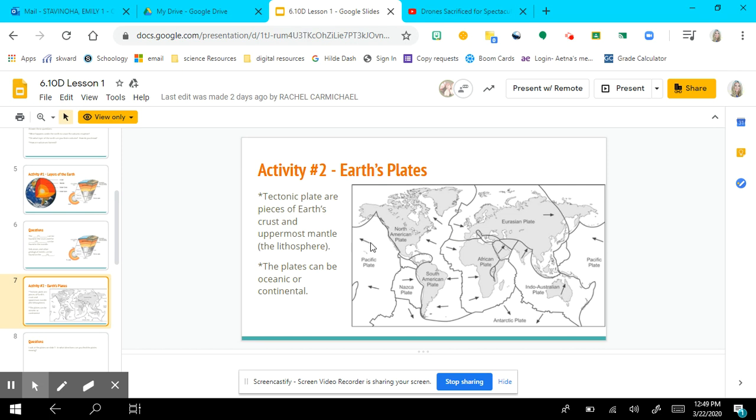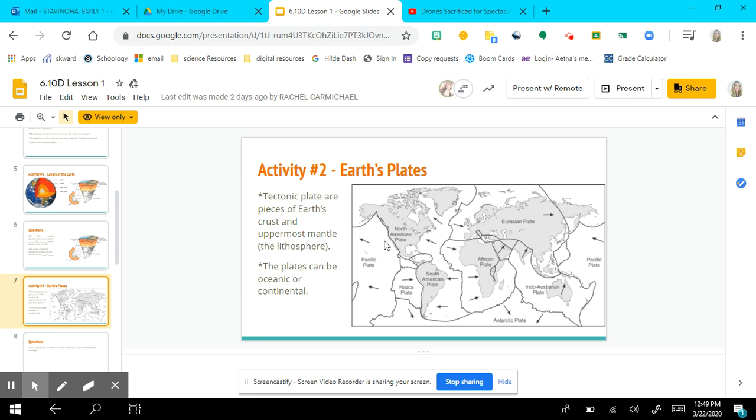But if you pay close attention to this arrow, it shows us that this plate is moving this way. And then if you pay close attention to this arrow, it shows that this plate is also moving this way, which means that when two of them move in different directions, where it's going this way and this way, they're sliding next to each other.